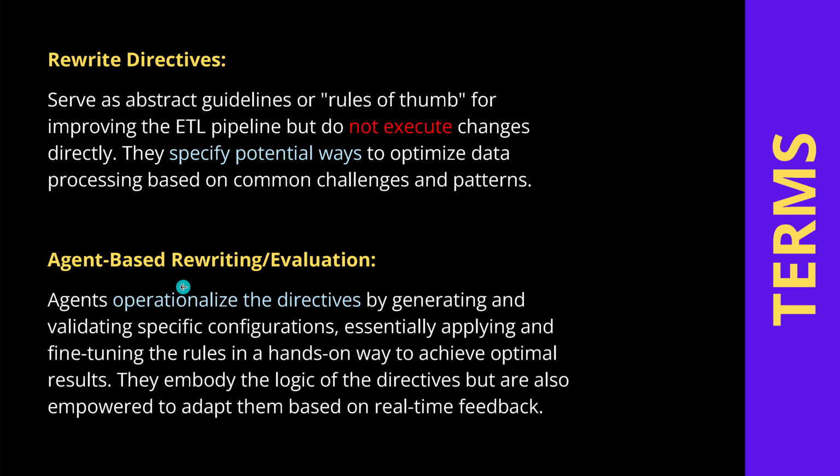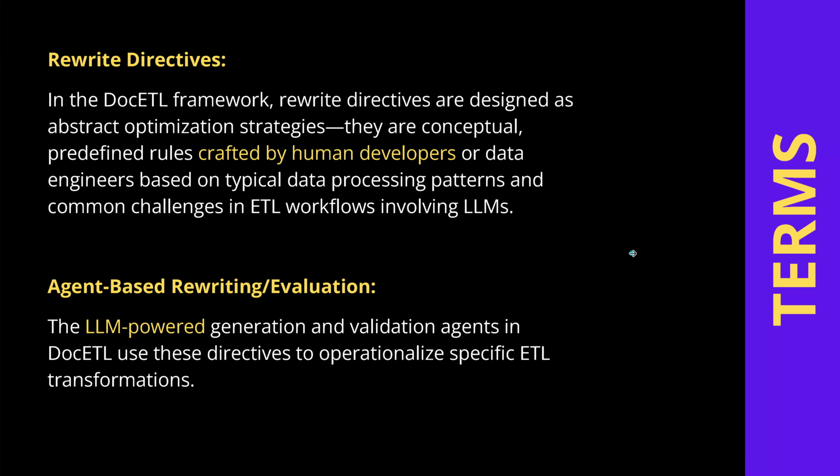The agents operationalize the directive by generating these configurations and validating them in code, applying and fine-tuning the rules in a hands-on way to achieve optimal results. So they embody the logic of the directives, but are also empowered to adapt them based on real-time feedback. So this is our coding, rewriting, and evaluation AI agent structure.